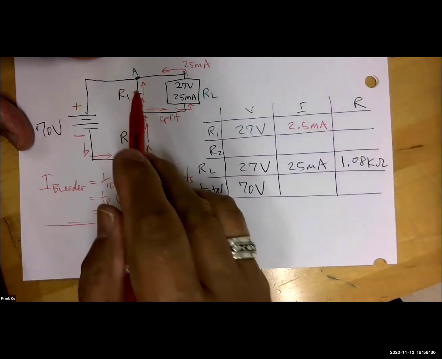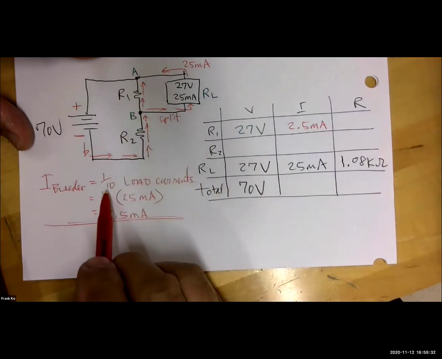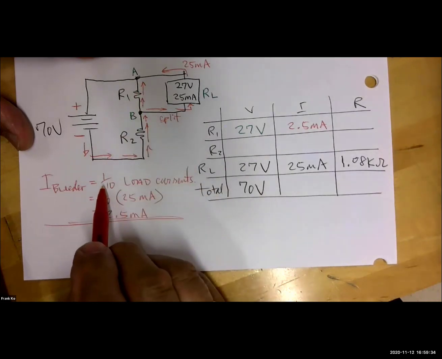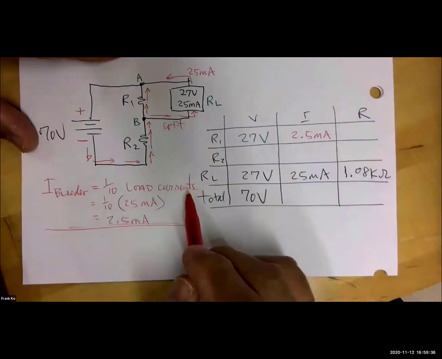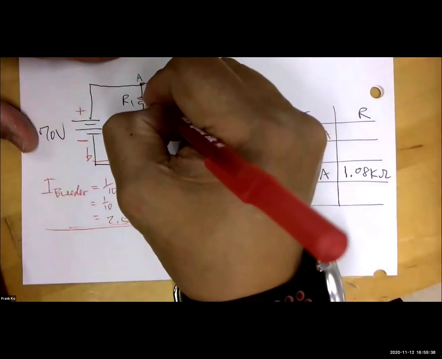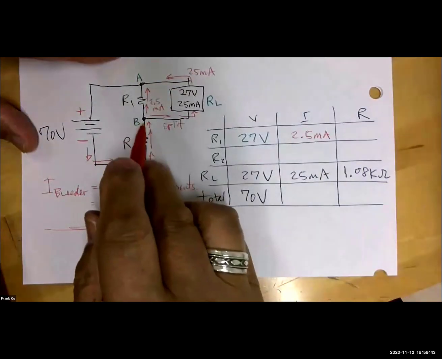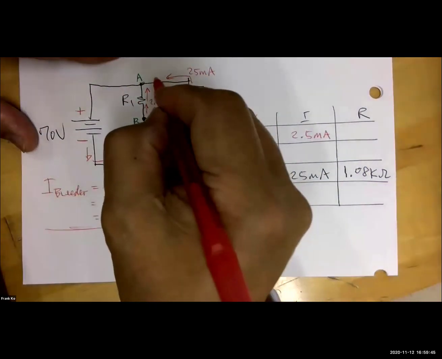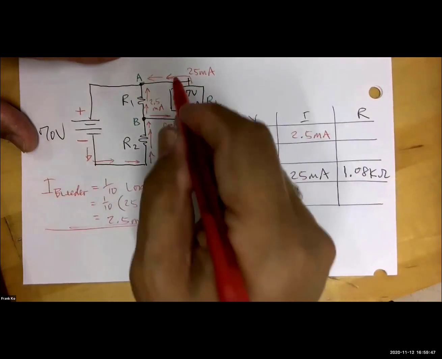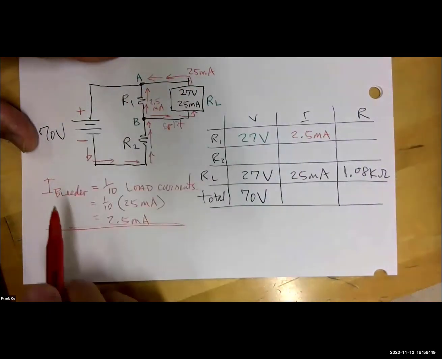As the bleeder resistor, the current is determined by the design rule, 1/10 of total load current. So we calculated 2.5 milliamps going up through R1, and we have 25 milliamps coming in through the load, meeting at point A.